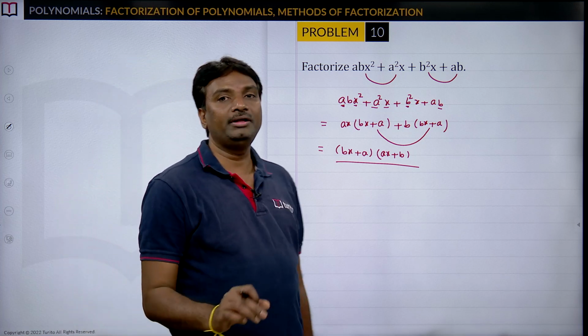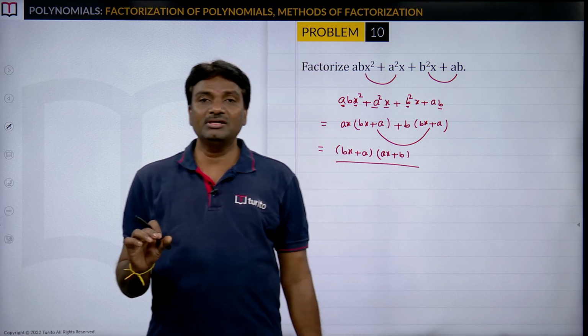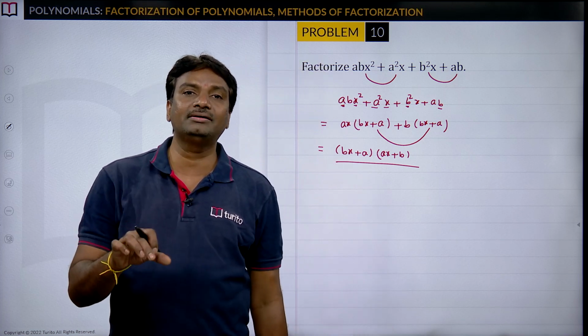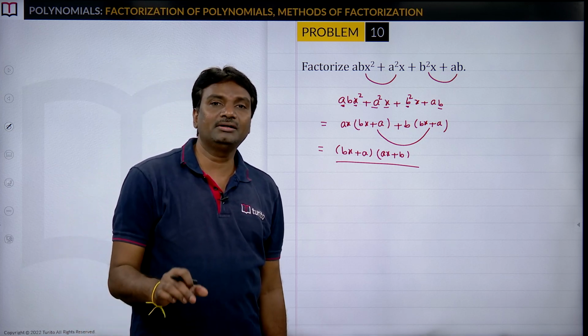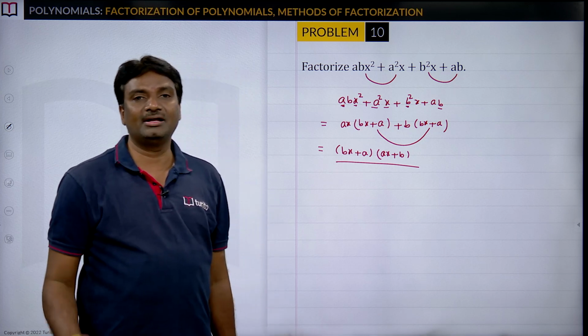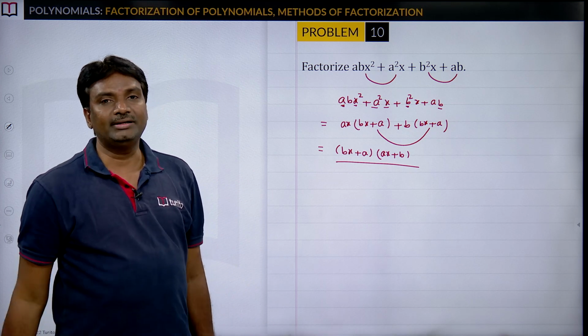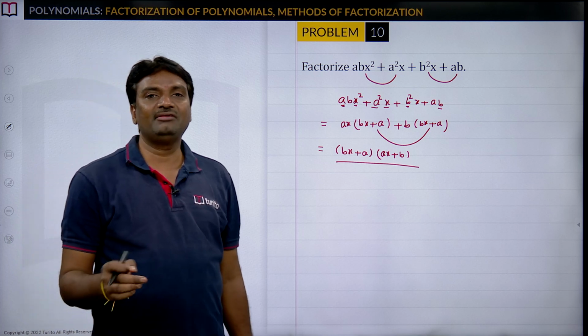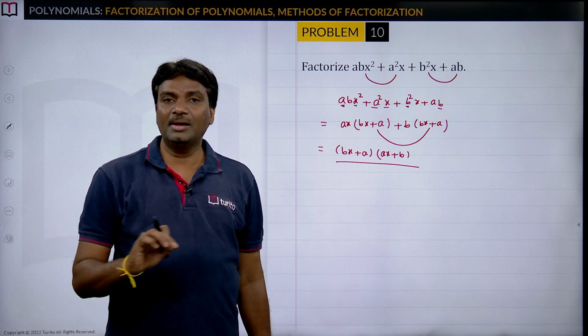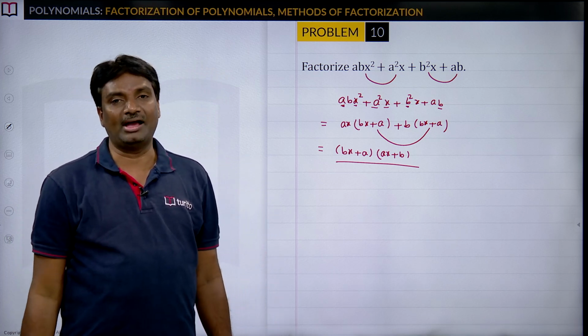So, when a polynomial is given, first we have to check whether all the terms have a common factor or not. If all the terms have a common factor, then directly you can take that factor as common. Sometimes in the given polynomial, all the terms may not have a common factor.